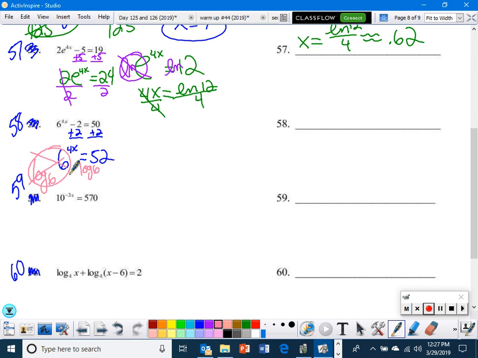That cancels. We are left with, using the change of base formula.